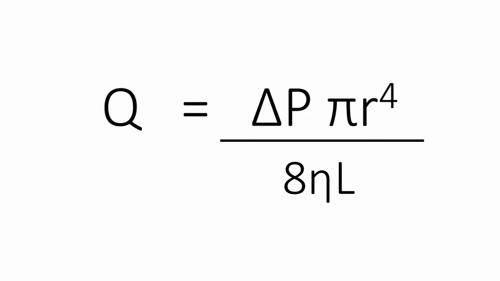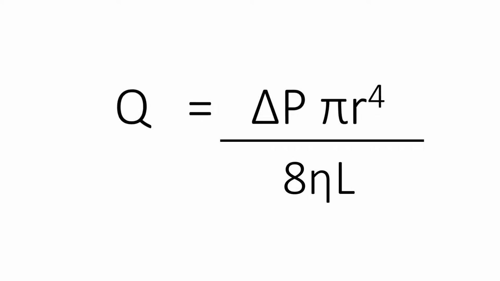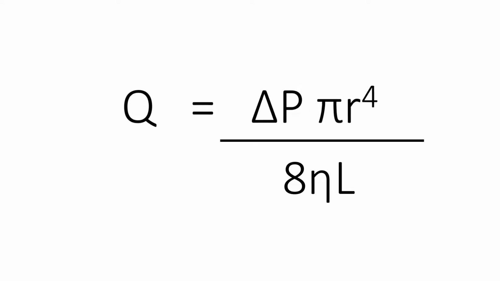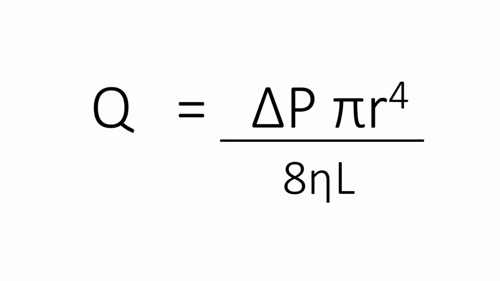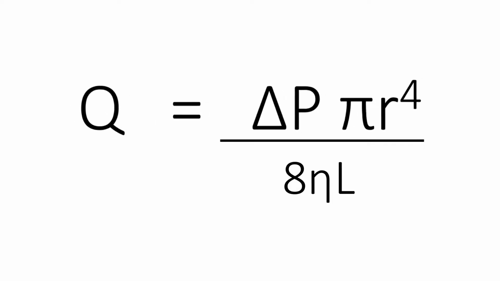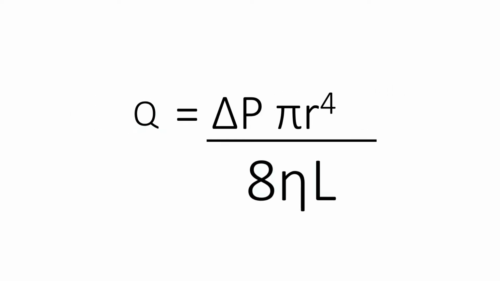So, the rate of flow, Q, is directly proportional to everything on top of the right-hand side of the equation, the driving pressure and the 4th power of the radius of the tube, but inversely proportional to everything on the bottom of the equation, the fluid's viscosity and the length of the tube.